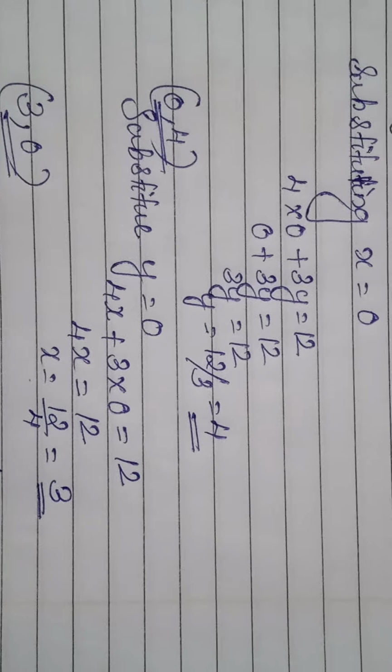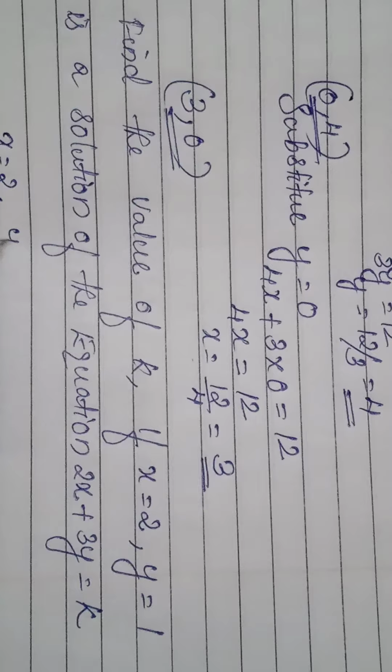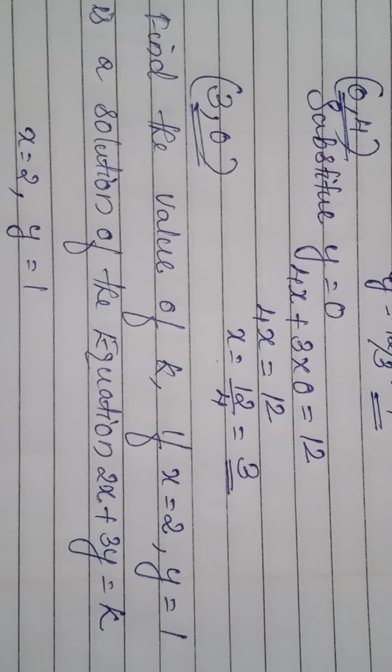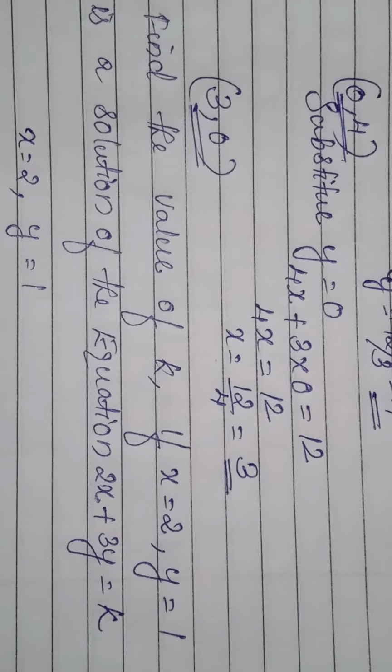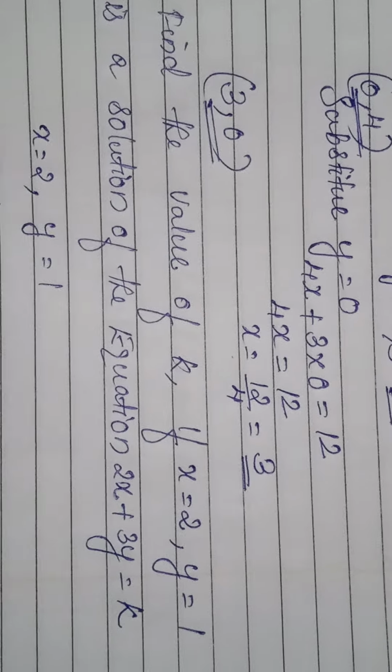The next question is, find the value of k if x is equal to 2 and y is equal to 1 is a solution of the equation 2x plus 3y equals k. So x is equal to 2 and y is equal to 1 is the solution of the equation 2x plus 3y equals k. Substitute the values of x and y.